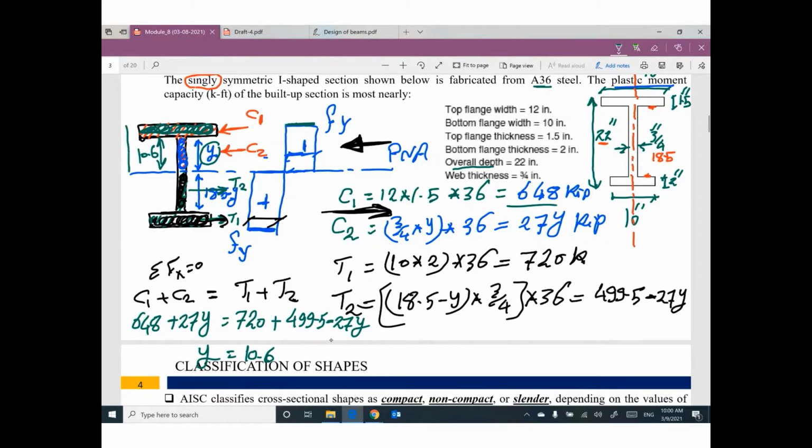So the depth of the neutral axis from the top, if you add 1.5, will be 12.1 inch. So the location of the plastic neutral axis will be at a distance from the top of 12.1 inch.